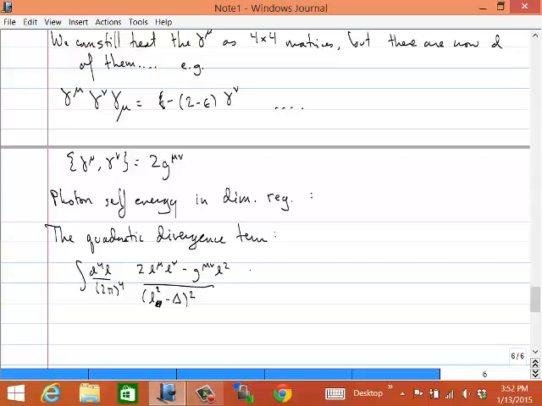Now in dimensional regularization, we replace that by the integral d^dL over (2π)^d. And then L^μ L^ν is going to be 1 over d times L² g^μν.